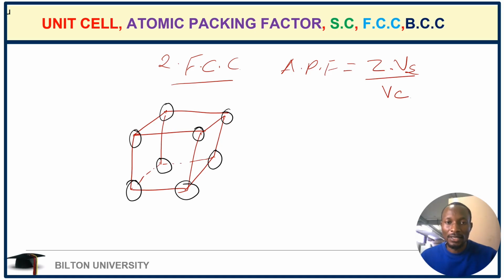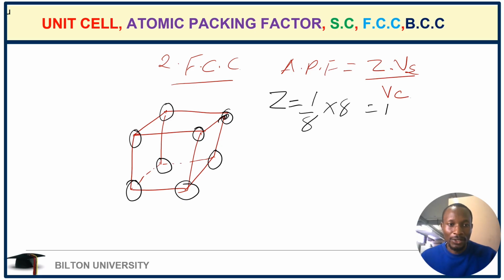So let's look at the effective number of atoms Z. Just like we said that every corner atom will contribute 1/8 times the total number of the atoms, which is 8. So this is going to give us 1. However, in FCC, there are 6 atoms on the total faces, meaning that on each face there's 1 atom present.